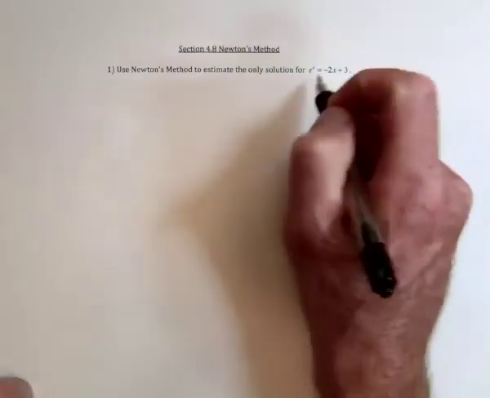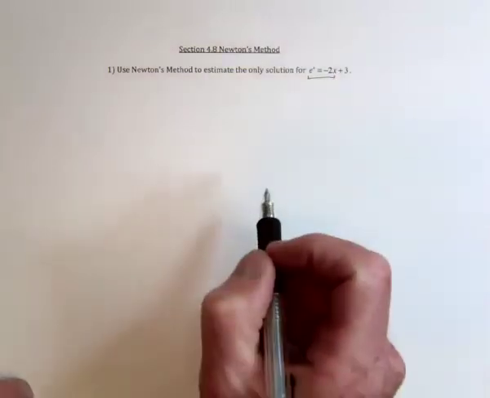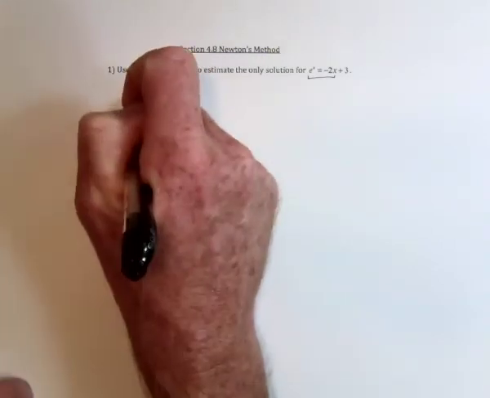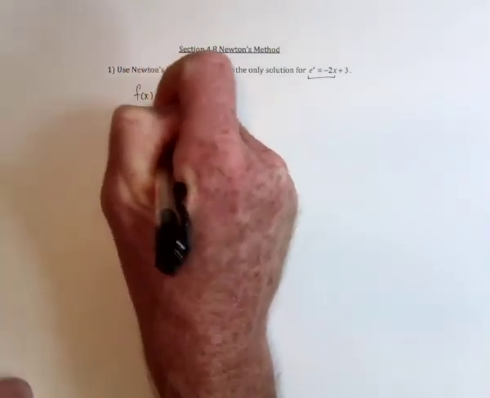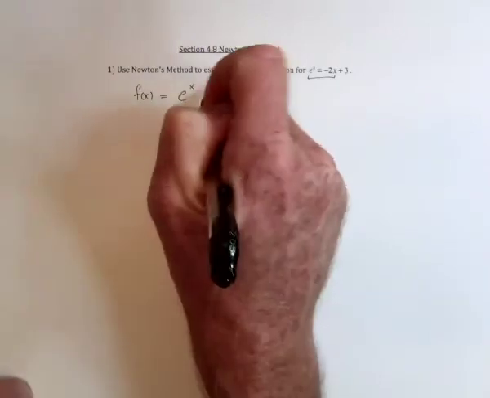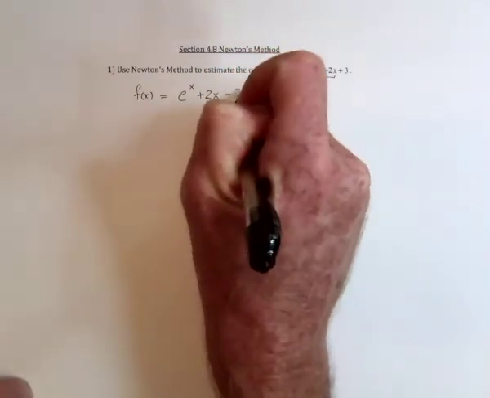With Newton's method, it's not supposed to be two functions, it's supposed to be one. So what I can do is subtract one to combine them. So let f of x equal e to the x plus 2x minus 3.